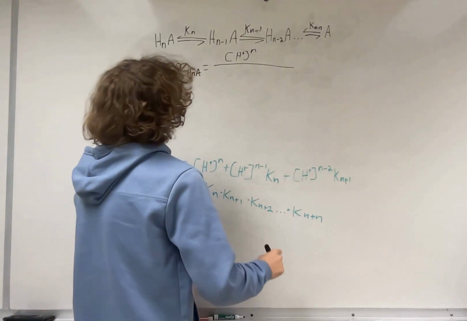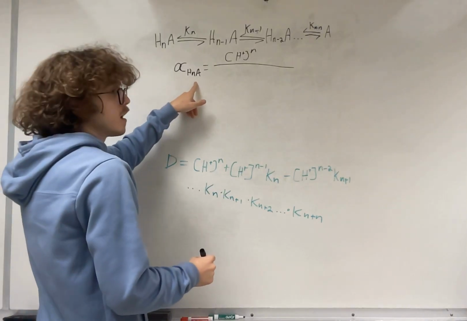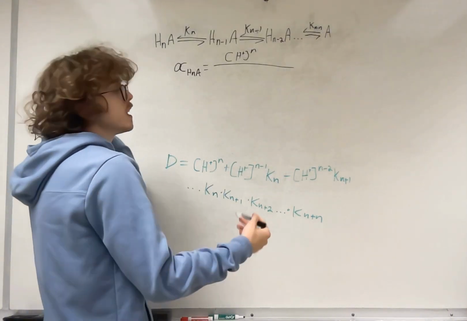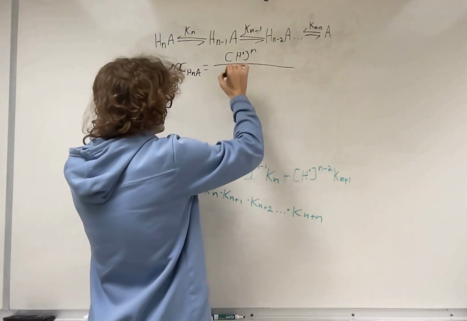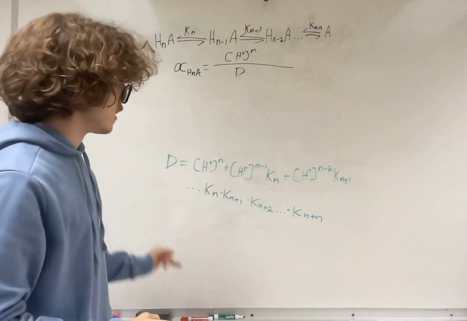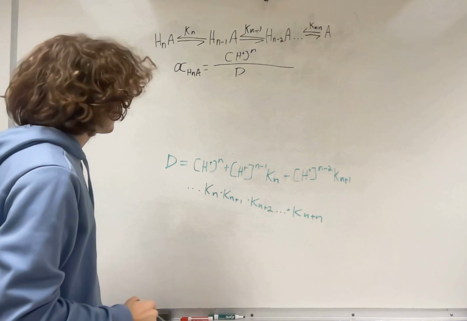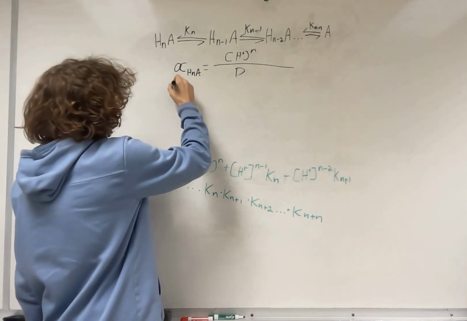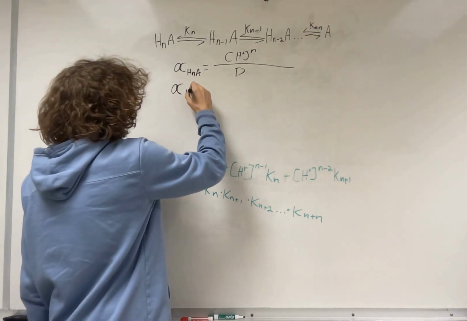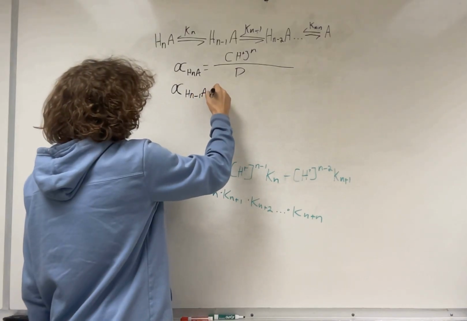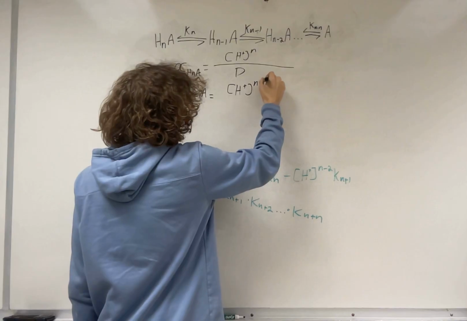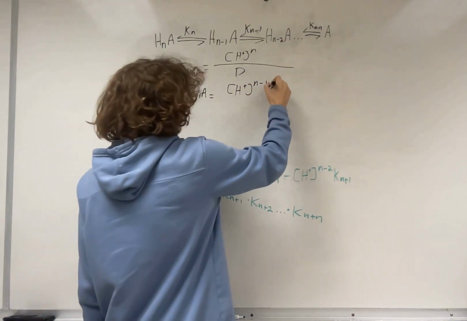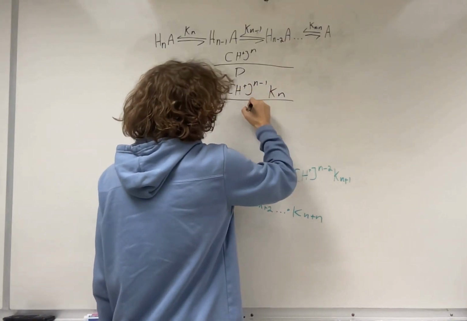So for the nth, the most protonated form of that acid is going to be H+ to the n over D, where we define D to be this trend here. And then Hn-1A is going to be equal to H+ to the n-1 Kn over D.